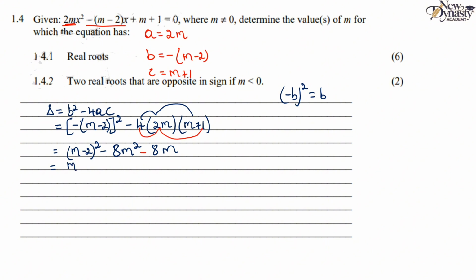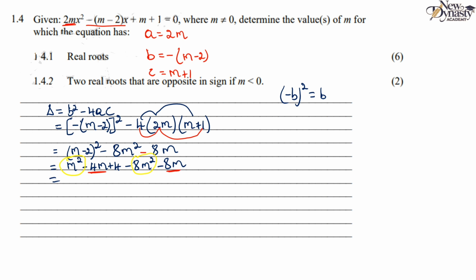So you can quickly say m squared minus 4m plus 4, grade 11s, you know how to do this by now, minus 8m squared minus 8m. Let us look for the like terms. This is the step where you look for the like terms. We have got m squared and negative 8m squared, then we've got negative 4m and negative 8m.